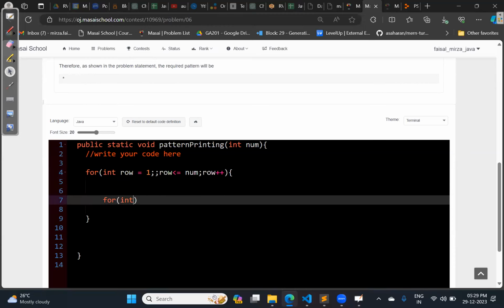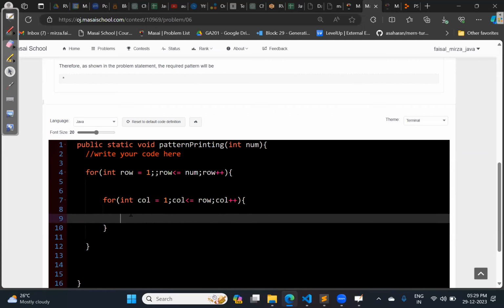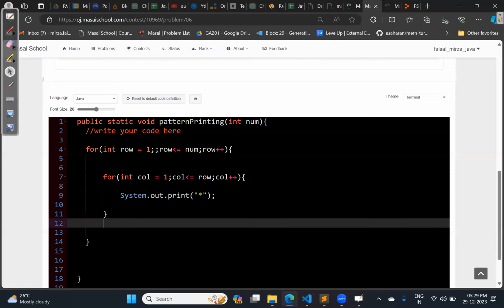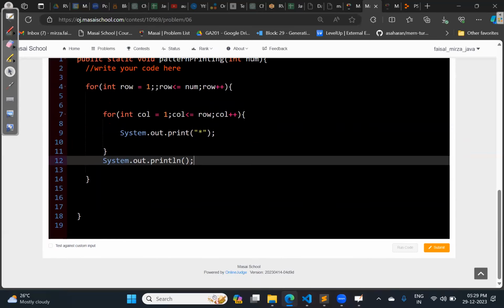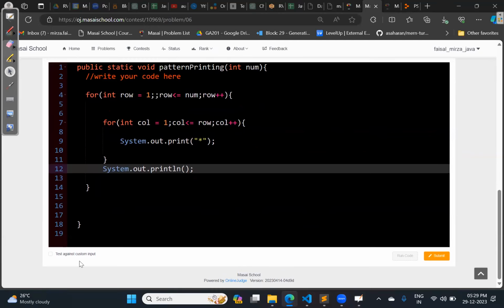Then for column starting from 1, you should go till whatever the value of row is. Do the increment as per this. System out print star. Again, system out println. Okay. Let us try to run this.